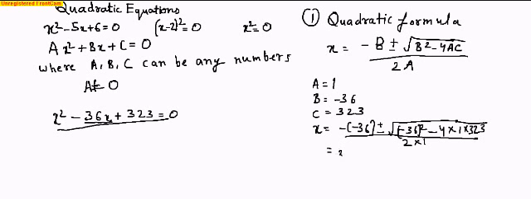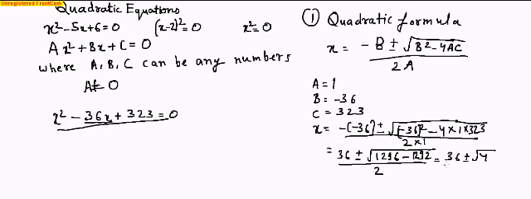The result we get is 36 plus minus root of 1296, that is 36 square, minus 1292, that is 4 into 323, whole divided by 2, which is then equal to 36 plus minus root of 4 divided by 2, which is equal to 36 plus minus 2 whole divided by 2, which is equal to 38 by 2 or 34 by 2.